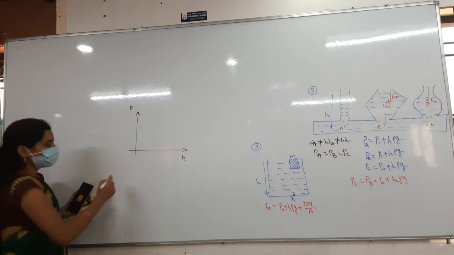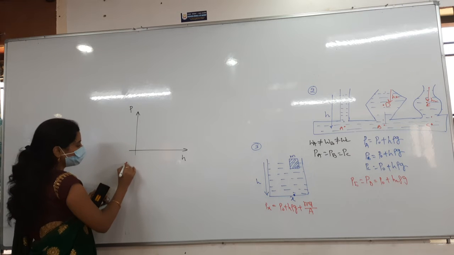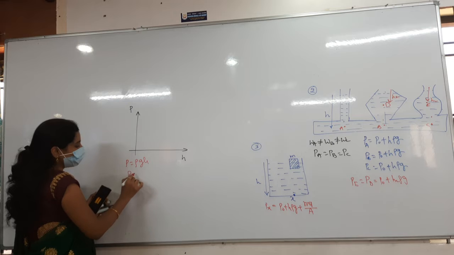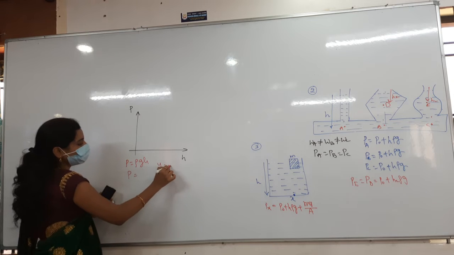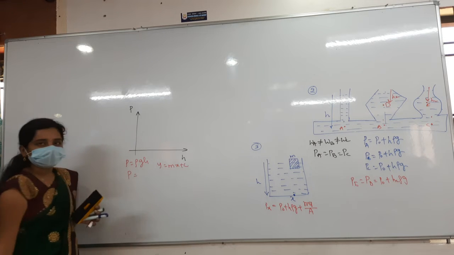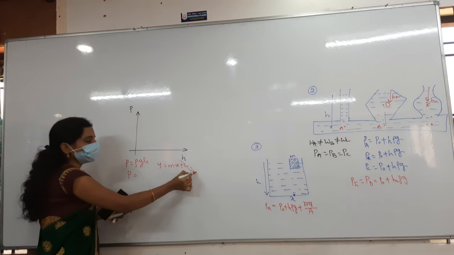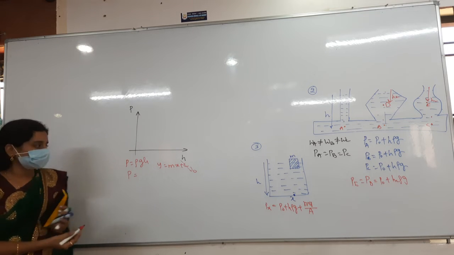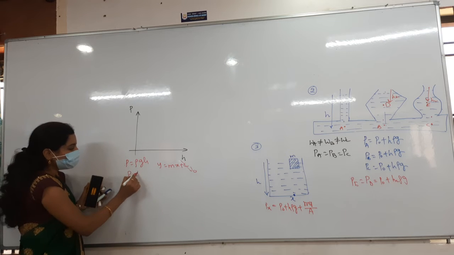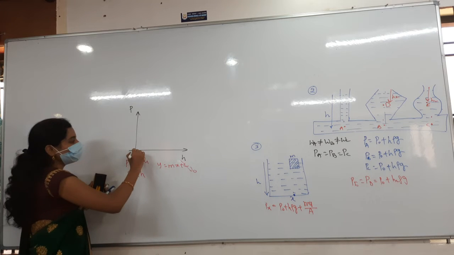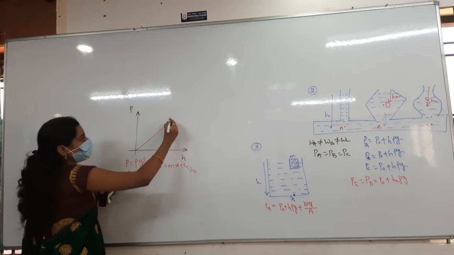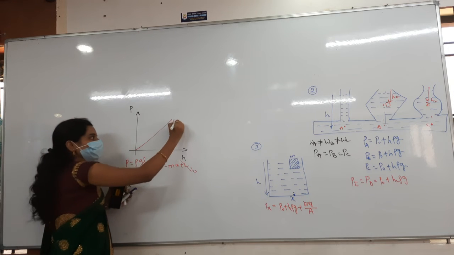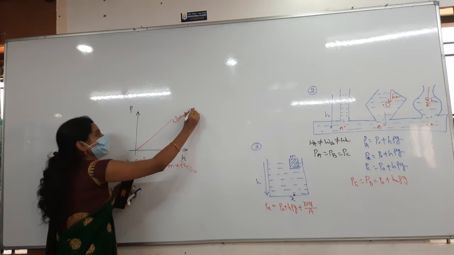This is in the form of y equals mx plus c. Here the intercept becomes 0, y equals mx. So we will get a straight line, pressure directly proportional to height, from the origin. For which one? Closed vessel or open vessel? Closed vessel.